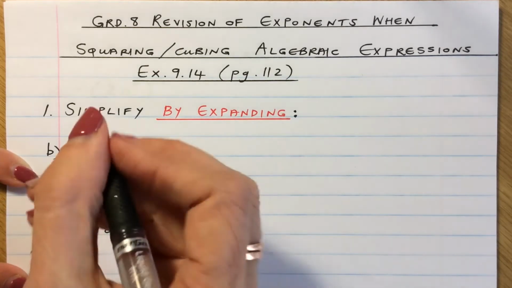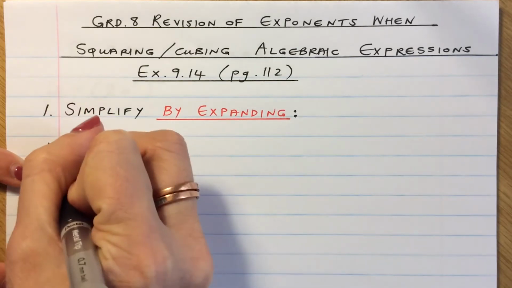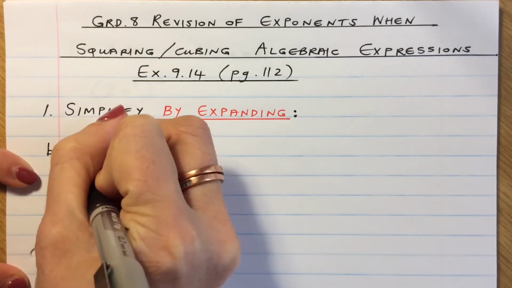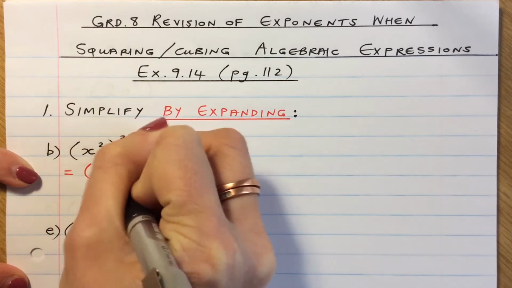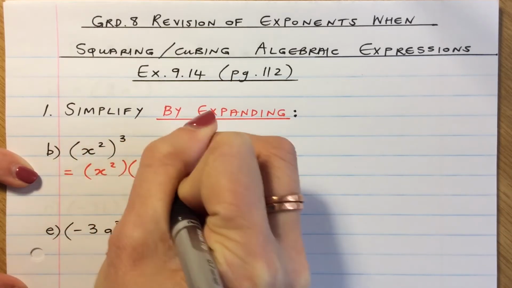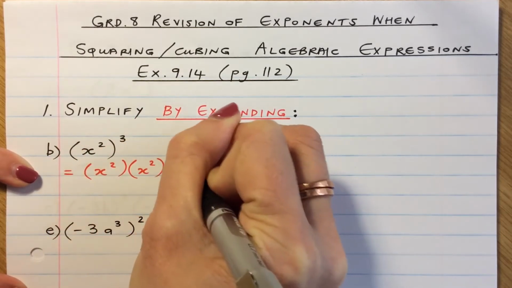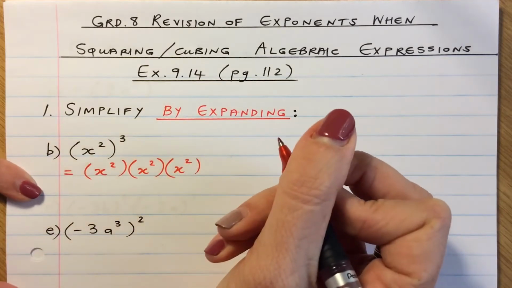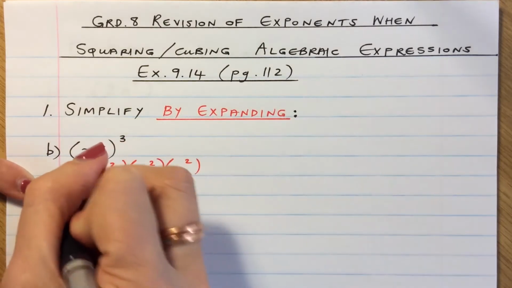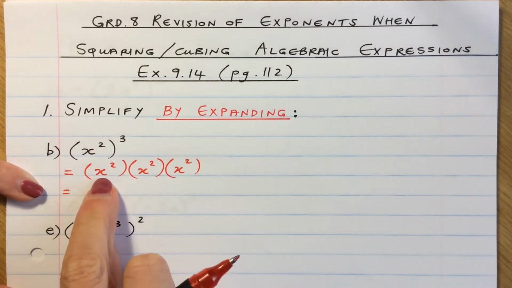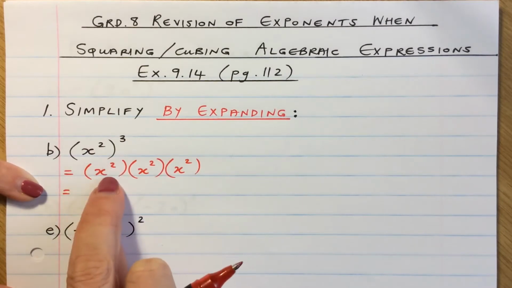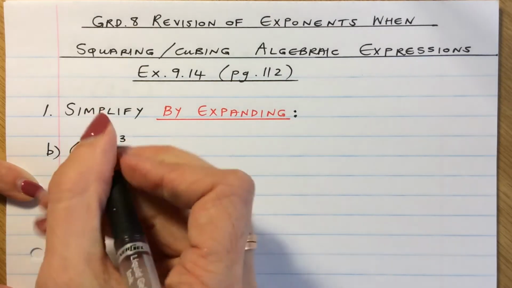All right, so if we are going to expand that, this is what it means. It means x squared times another x squared times another x squared. Okay, now I'm going to expand each of these because I know that this means 2 little x's there, 2 there, and 2 there.